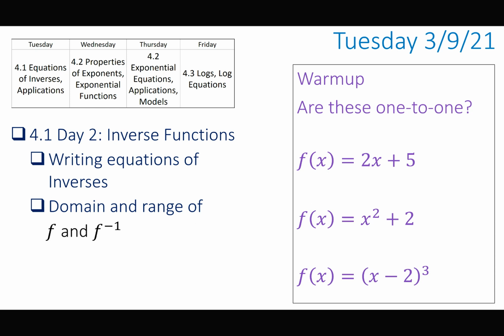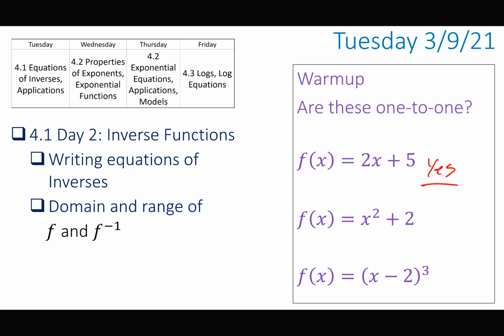If it is strictly increasing across the entire domain, negative infinity to positive infinity, it's going up the whole time, then yes, it's one-to-one. Or if it's going down the whole time, there's no peaks or valleys with it. It's just strictly increasing or strictly decreasing. So we could say, yes, this one is one-to-one.